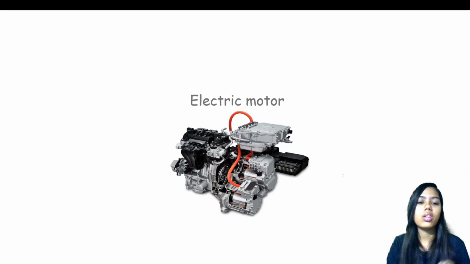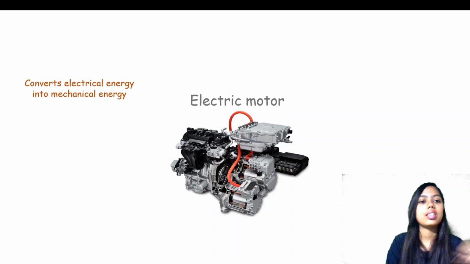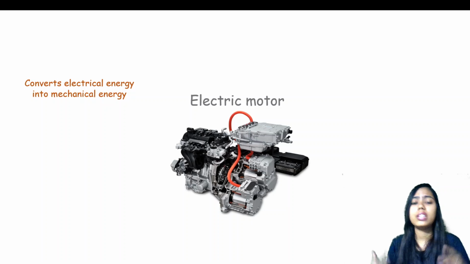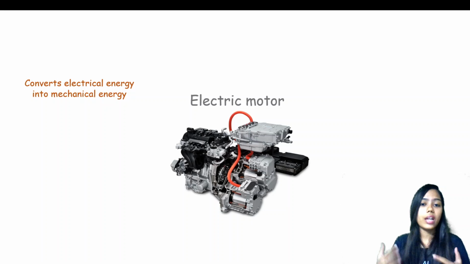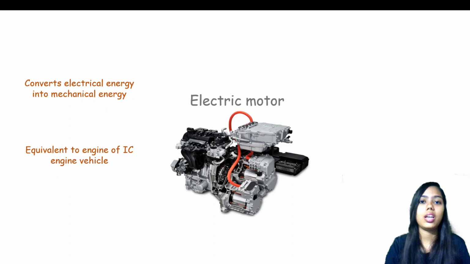And last but not least, we have electric motors. Everyone knows what an electric motor does. An electric motor is a device which converts electrical energy into mechanical energy. This mechanical energy is in the form of rotational motion in the majority of cases. And if we compare it with IC engine vehicles, just replace the IC engine with the electric motor.